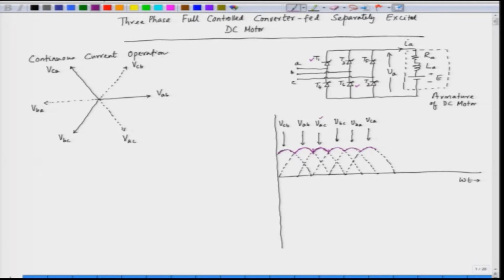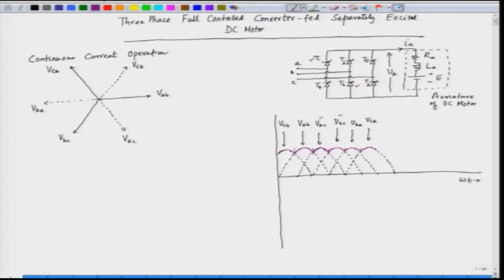Similarly, from this region to this region, we have VBC and so on. These are the instants at which there is crossover between two line voltages, and one voltage becomes the most positive voltage, and that SCR pair will naturally be most forward biased.